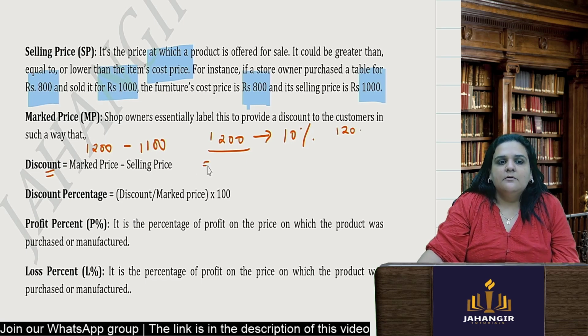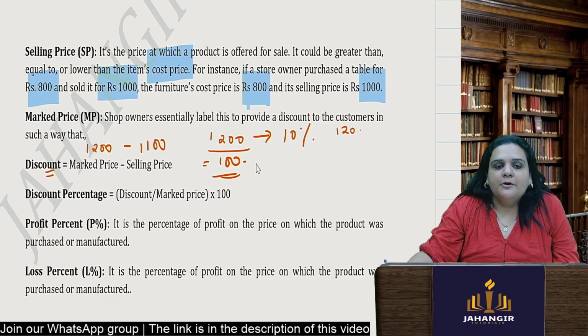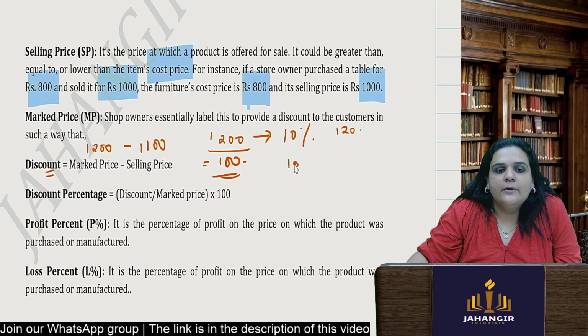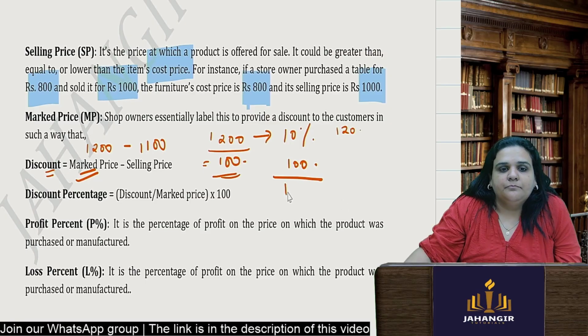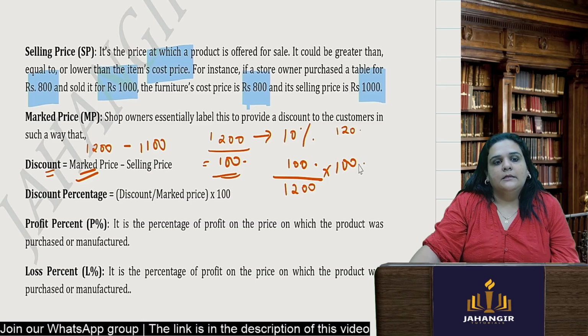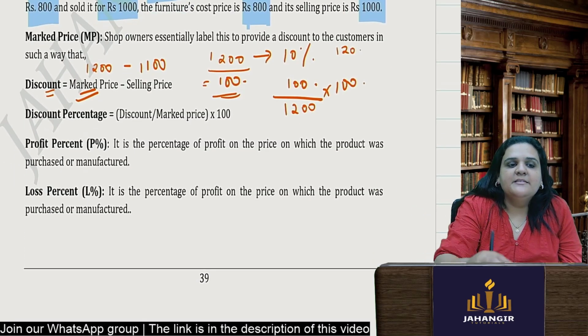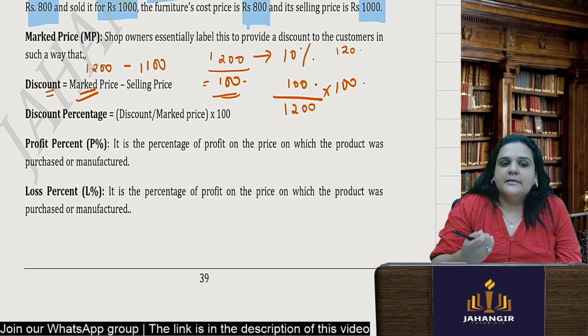So see, the 100 rupees we got as a discount. If I want to find the discount percentage, I will always take the amount of discount divided by marked price, original price, into 100. Clear?